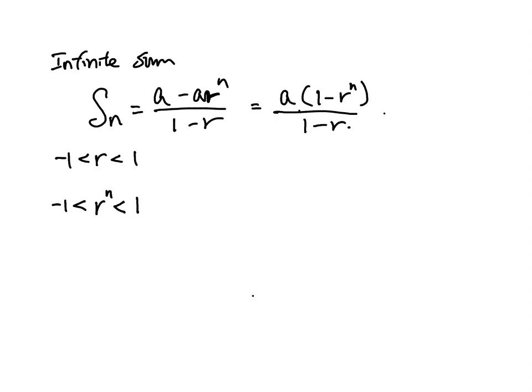In fact, r to the n is going to approach 0. Because if you take 1/2 raised to a huge number, let's say 100, the value is going to get very close to 0.